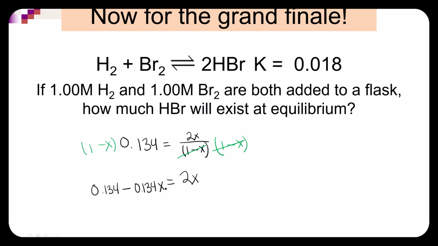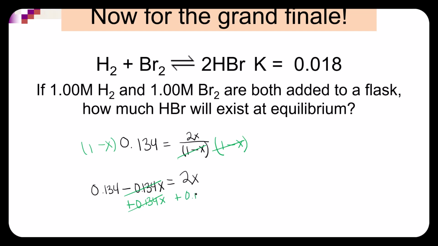So now I want to move this x variable over to the right-hand side, so those are together. This is addition and subtraction. So to get this x variable to the other side, I'm going to do the inverse. So add 0.134x. Those are the inverse of one another, so they cancel. Whatever I do to the right side, I also have to do to the left side.